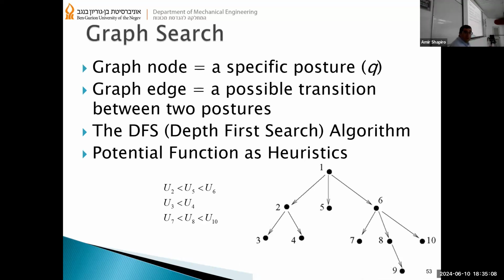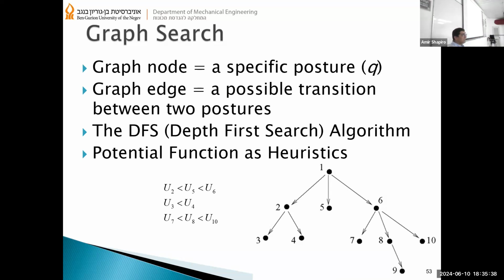So we model the problem as a graph. A node of the graph is a specific posture, Q, the set of parameters. A graph edge is a possible transition from one posture to another, so the ability to conduct a step in order to move from one point to another.